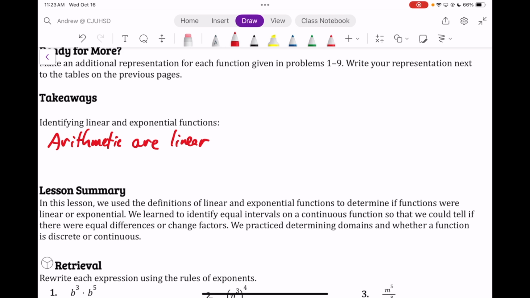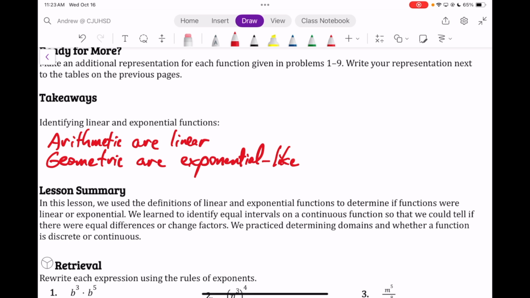Geometric sequences, when they are continuous, they are exponential. We'll just say exponential-like. And so that's linear versus exponential.